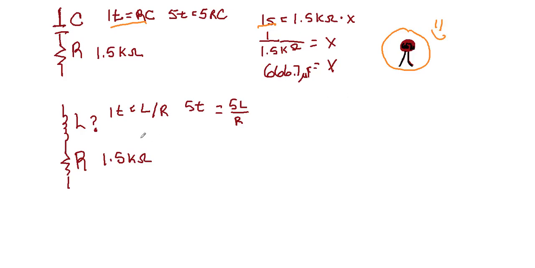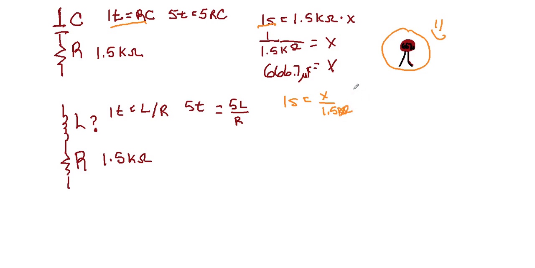But the question is, what size of an inductor would we need to make the same time delay? Well, we're going to do the same thing. We're going to say 1 second is equal to our time delay, which is equal to x divided by our 1.5 k ohms.